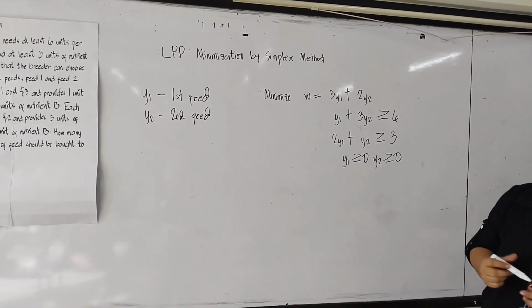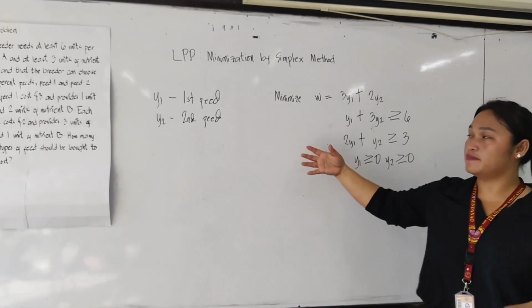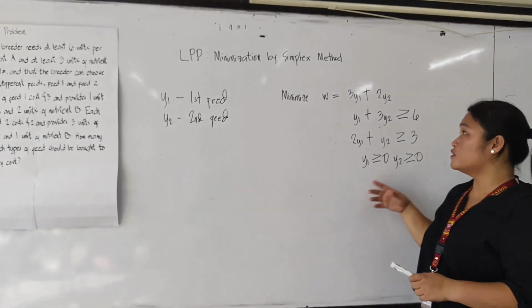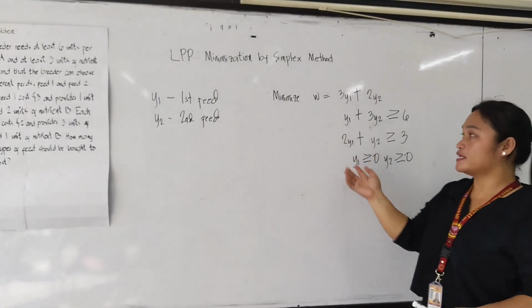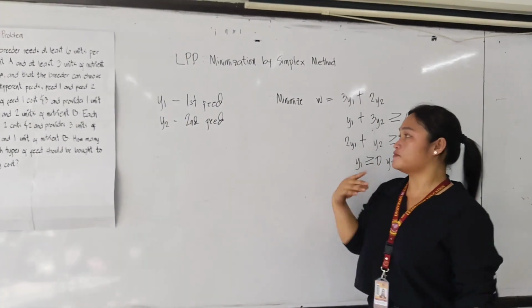So now we're done with setting up this minimization problem. We need to transpose it into a matrix so that we can have a maximized function.